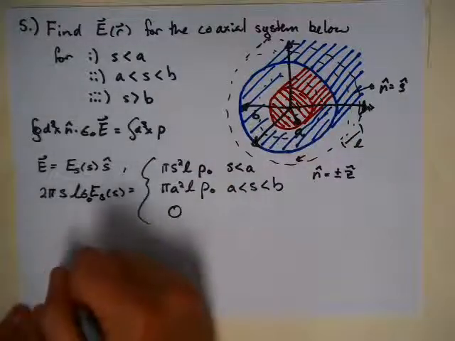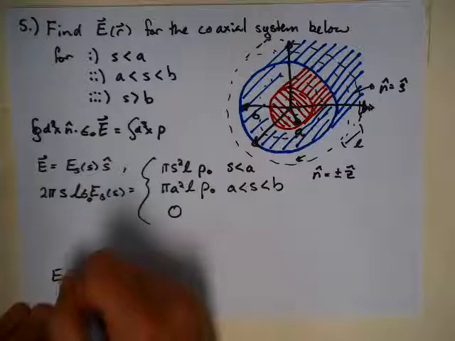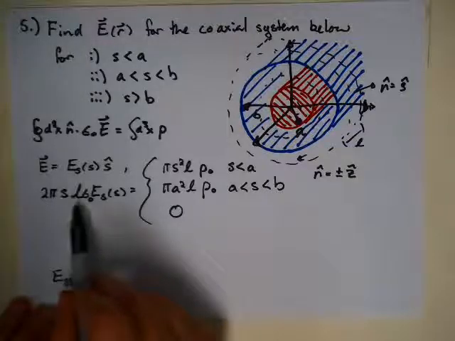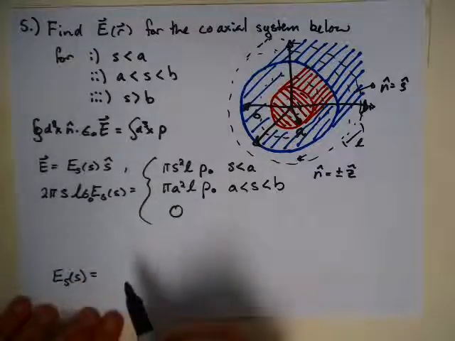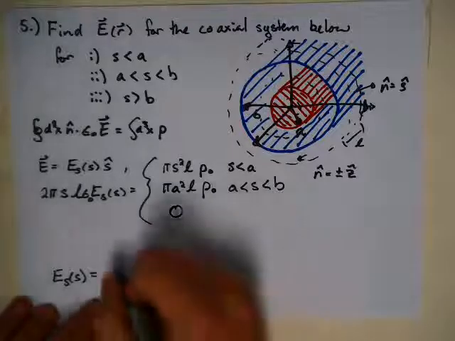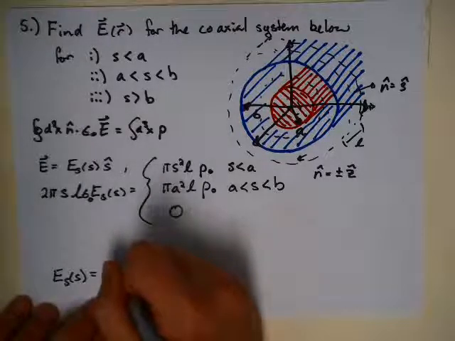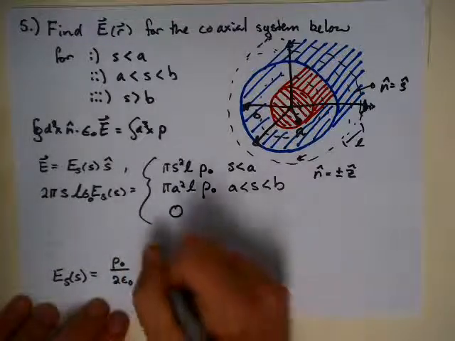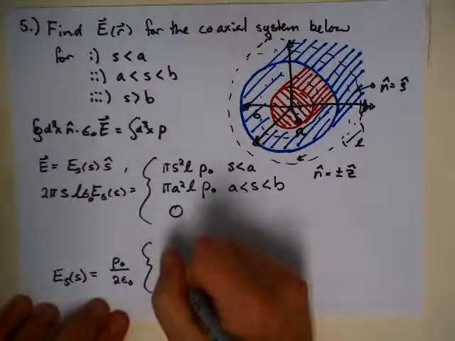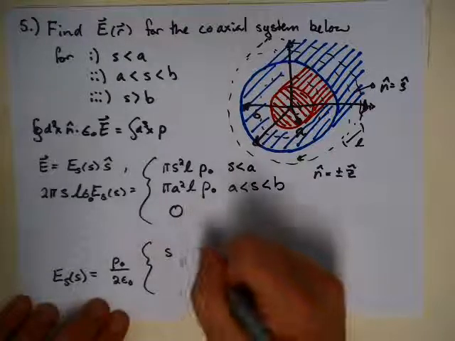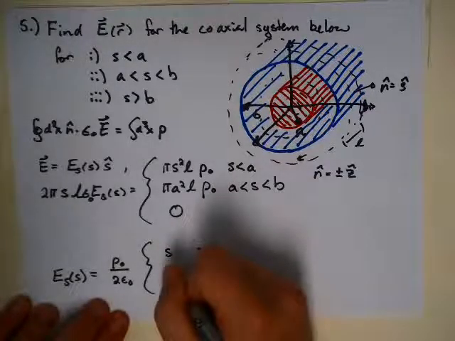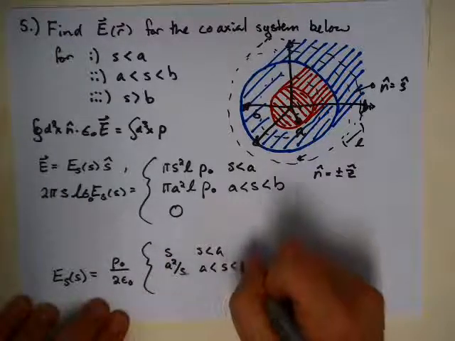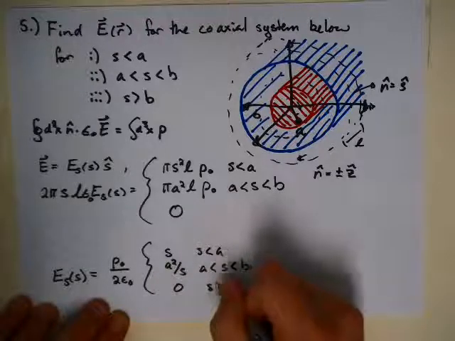We can easily turn this around to find the electric field as a function of s: divide both sides by 2 pi s L. The L's will cancel, the pi's will cancel, and we are going to find that this is rho naught over 2 epsilon naught, then s for s less than a, a squared divided by s for a less than s less than b, and 0 for s greater than b.